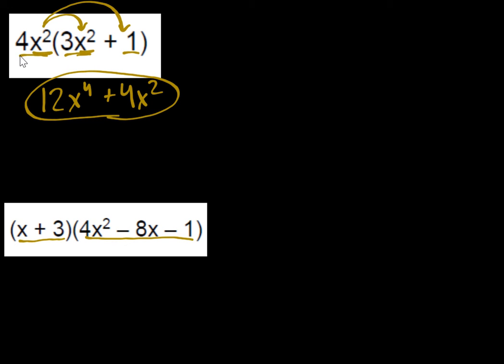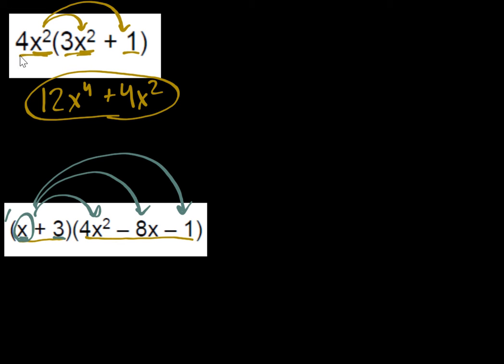With this problem down here, what you have to make sure you do is that every term in the first parentheses multiplies by every term in the second parentheses. What I mean by that is this x here has to multiply by all three terms in that second parentheses.